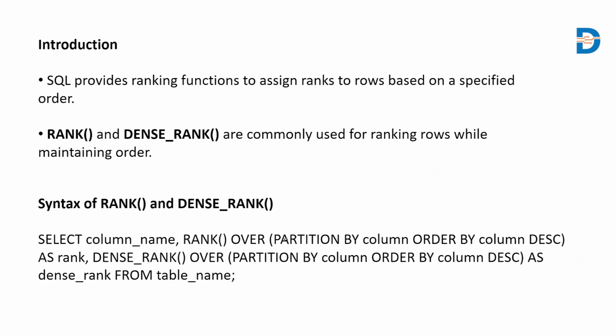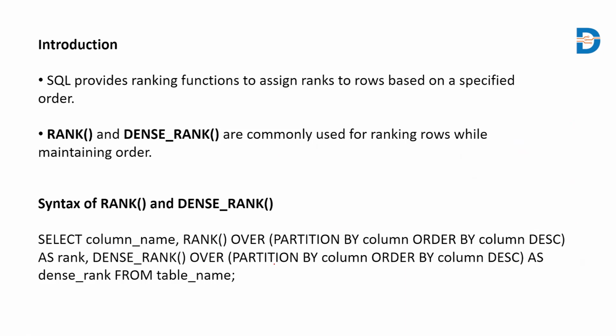Inside OVER we give PARTITION BY, the column we want to partition by, and ORDER BY. It may be marks, it may be anything. PARTITION BY is similar to GROUP BY, and ORDER BY sorts the data. So: DENSE_RANK() OVER (PARTITION BY column ORDER BY column DESC) AS dense_rank FROM table. This is the syntax that we will follow to work with rank and dense rank.